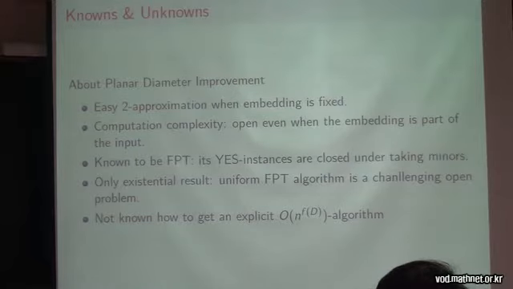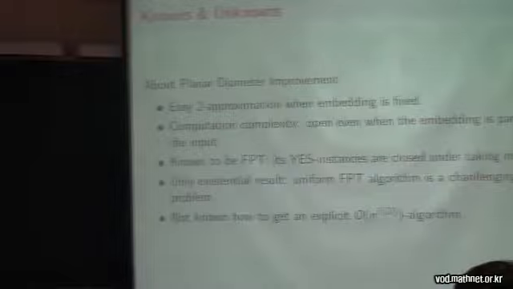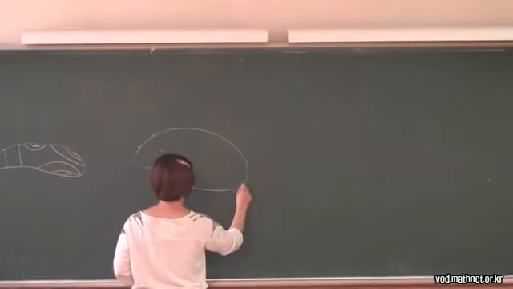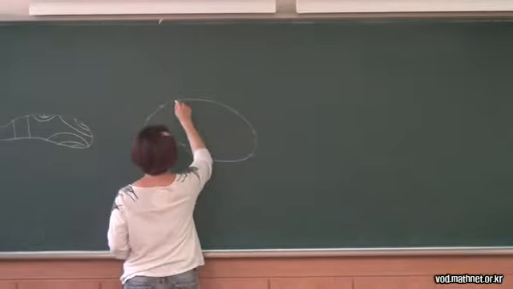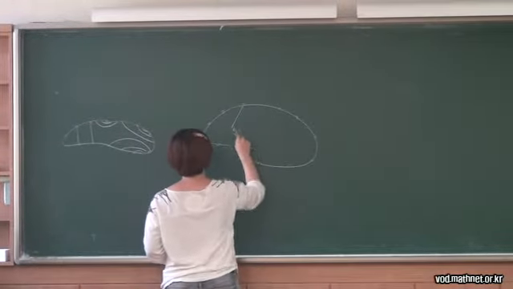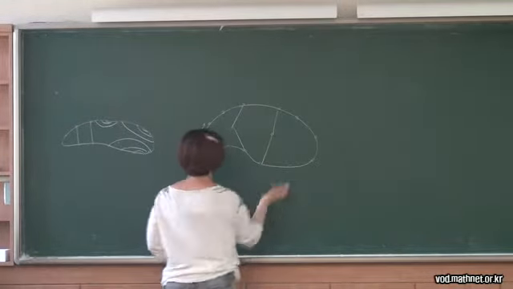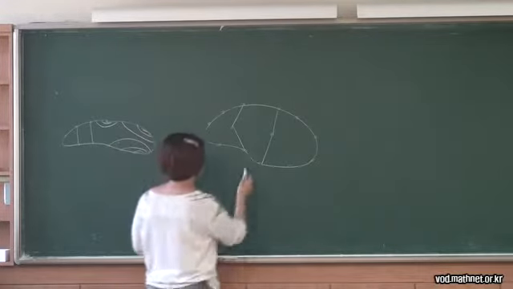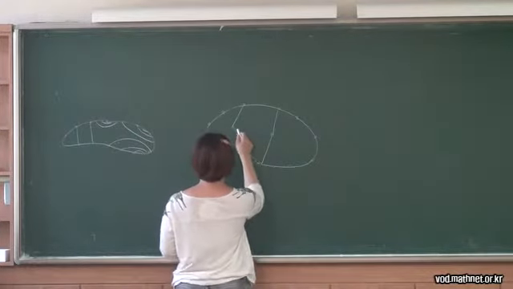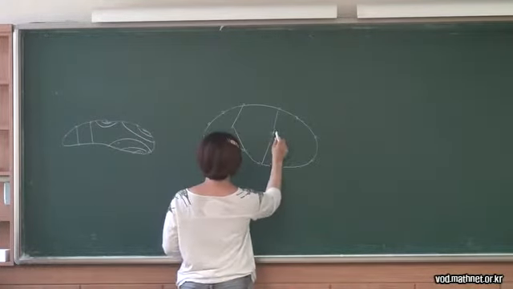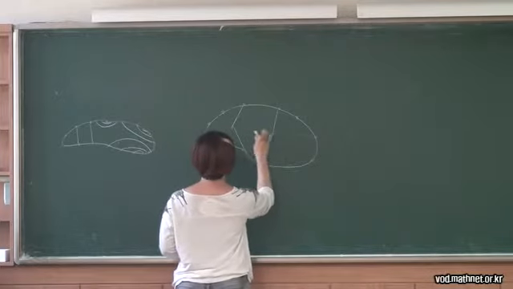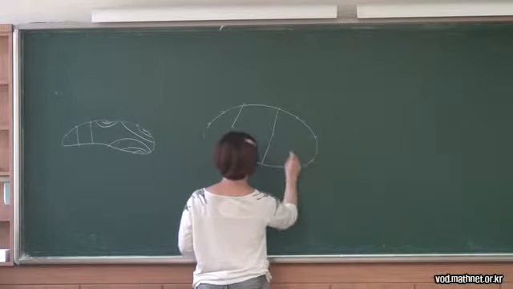For example, if your planar graph is given like this with some vertices on the outer face, and I'm also given the embedding like this, then I can add edges like this or this, but I cannot have an edge like this.